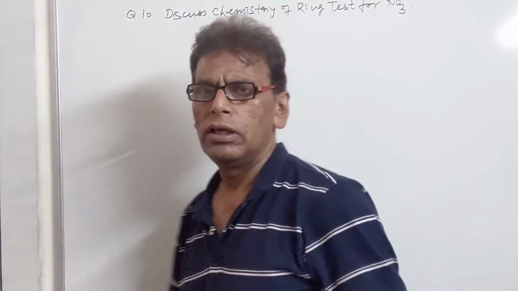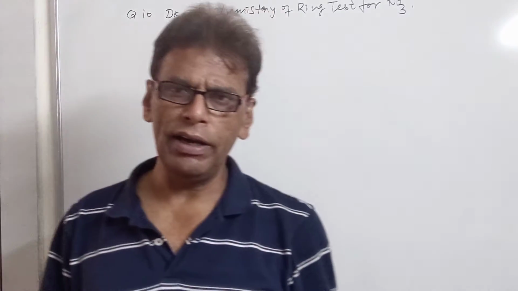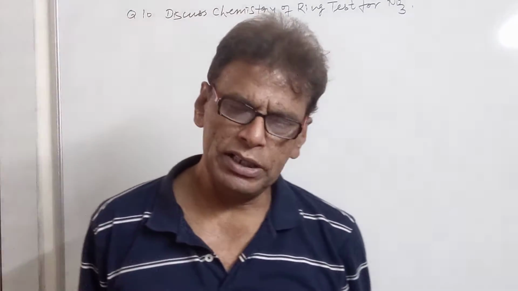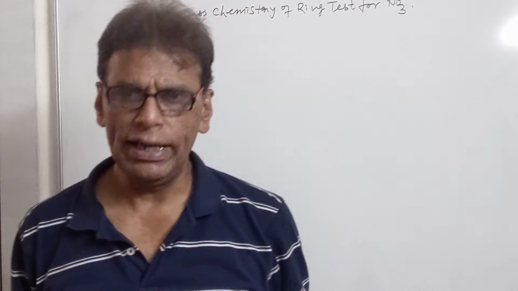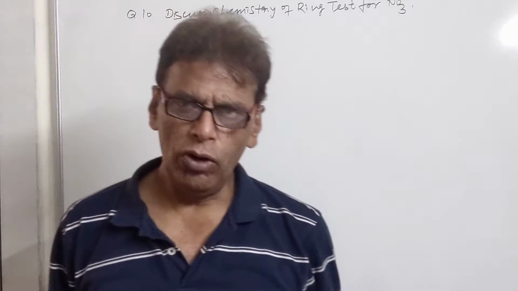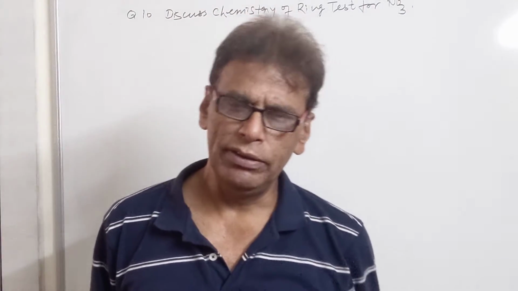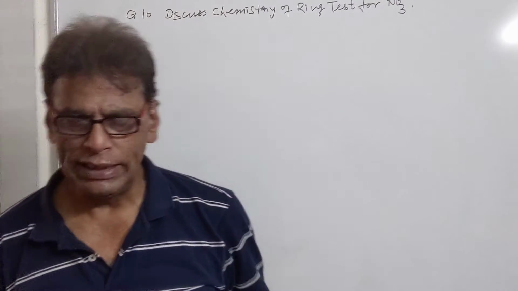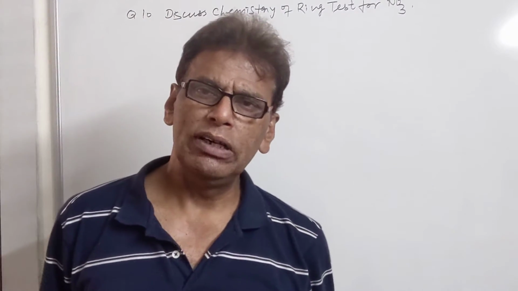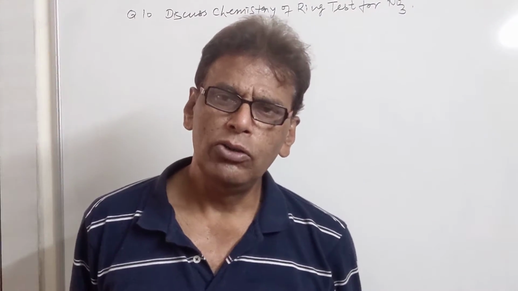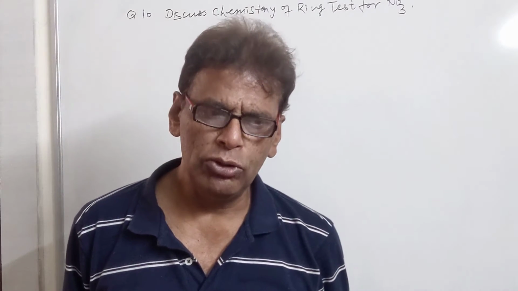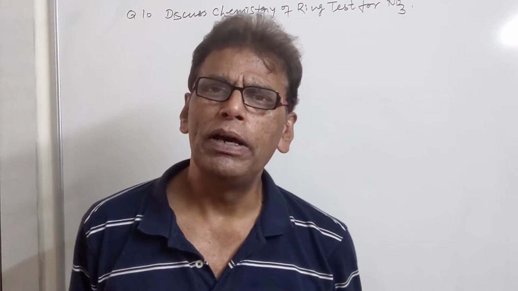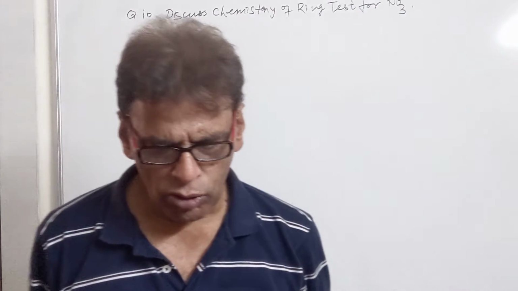The salts containing nitrate ions, when they are treated with freshly prepared ferrous sulfate solution followed by mixing with H2SO4, which is added across the walls of the test tube to avoid the bumping of the solution out of the test tube.